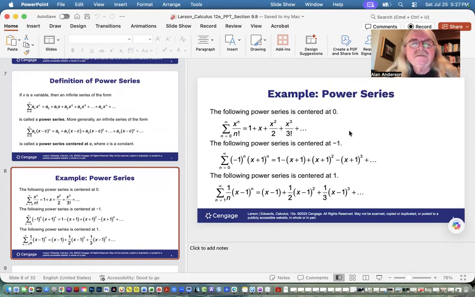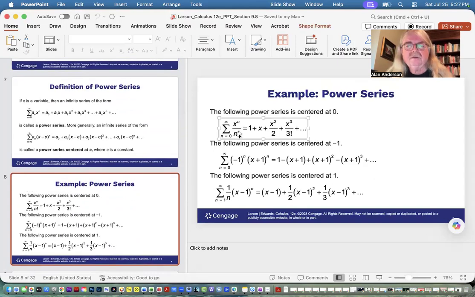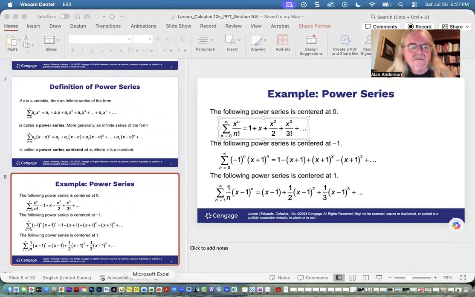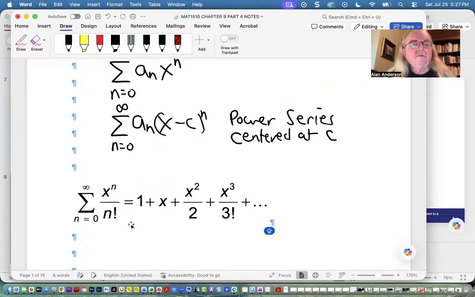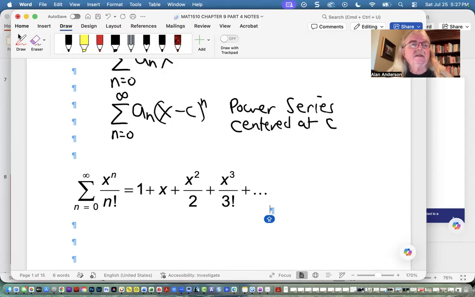Let me just quickly make a note of this here. Remember, the basic form would be, well, here what we've got is 1 over n factorial.